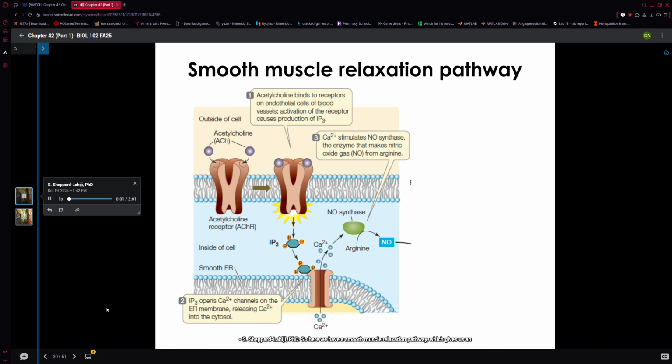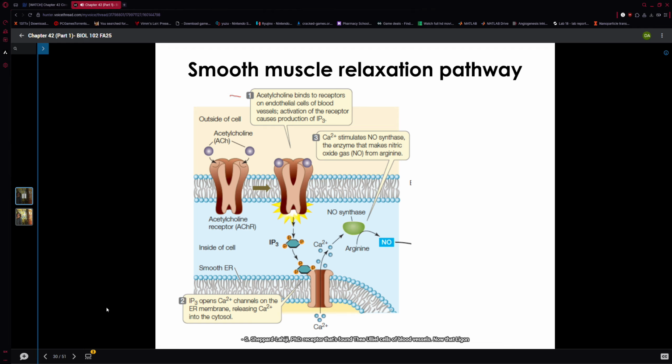So here we have a smooth muscle relaxation pathway, which gives us an opportunity to revisit the ideas found within Chapter 11 when it comes to cell communication and signal transduction. In step 1, we have acetylcholine, which is our ligand, and it is going to bind to a receptor found on the endothelial cells of blood vessels.